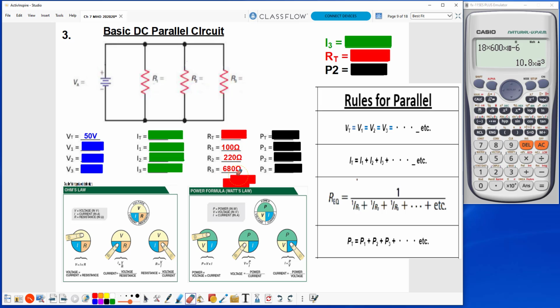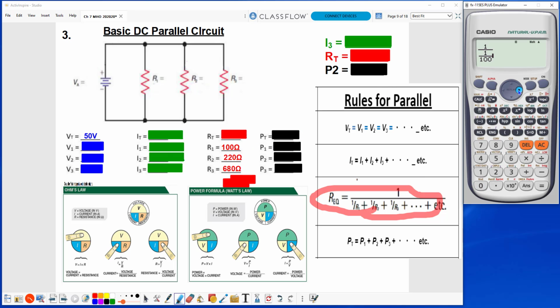So I have all my resistances and my total voltage. I'm going to go ahead and calculate my resistance using the reciprocal formula shown here. So I begin by hitting 1 over, under 1 over, under 100. That's R1.